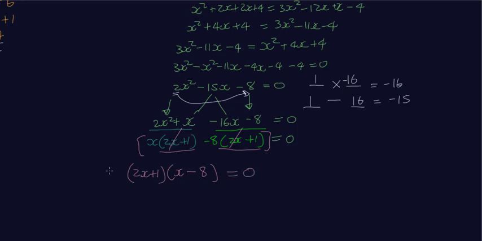And equals 0. Now we solve for x, so 2x plus 1 equals 0, or x minus 8 equals 0.